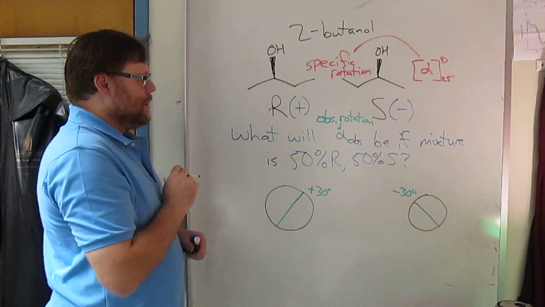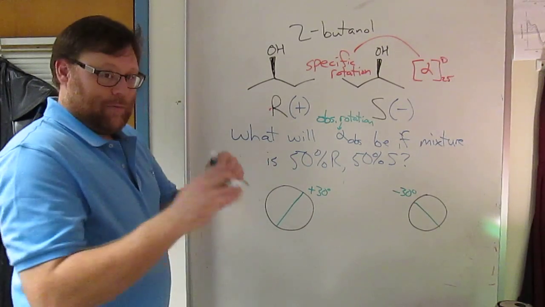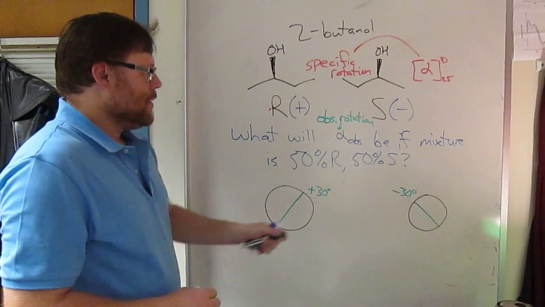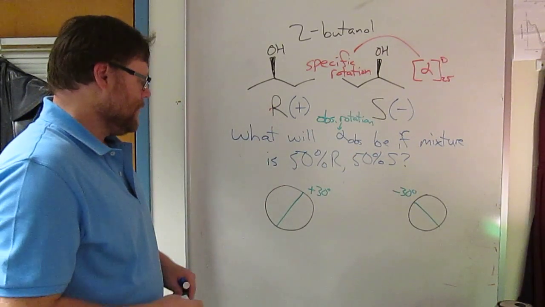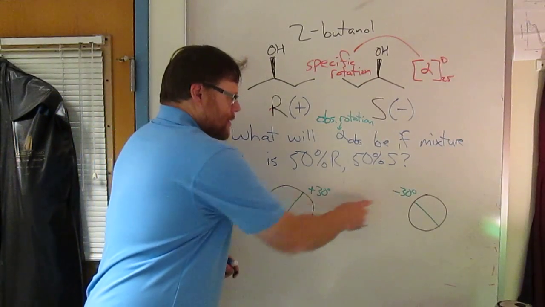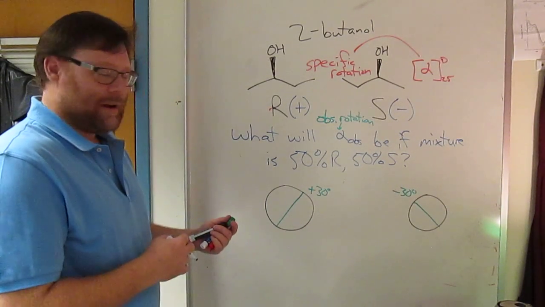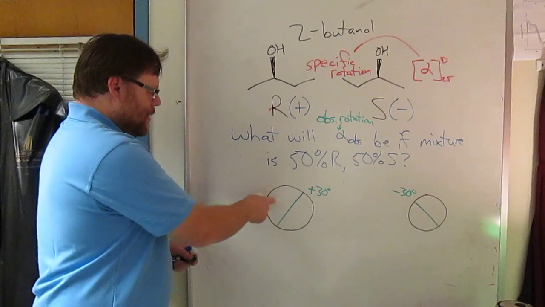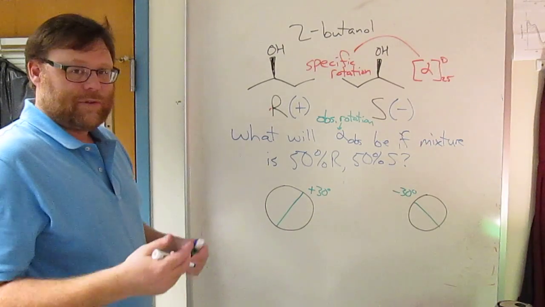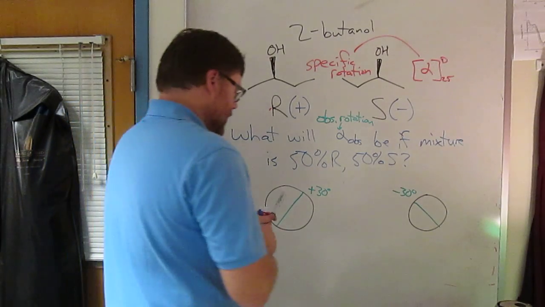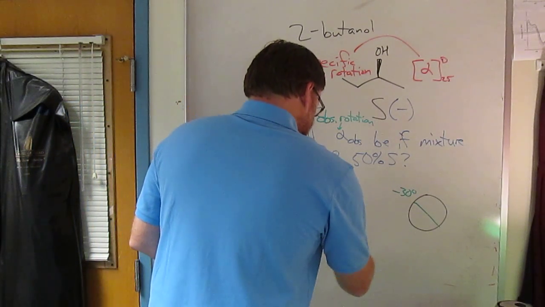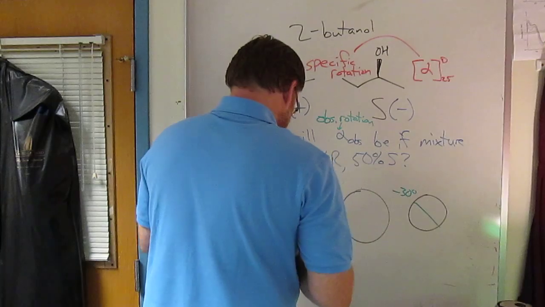The plus indicates that it rotates plane polarized light clockwise. The S indicates that it rotates plane polarized light counterclockwise. So the S, under standard conditions, rotates plane polarized light minus 30 degrees. R rotates at plus 30 degrees. So if it's 50-50, what's it going to be? I hope you figured this out fairly quickly. A 50-50 mixture.